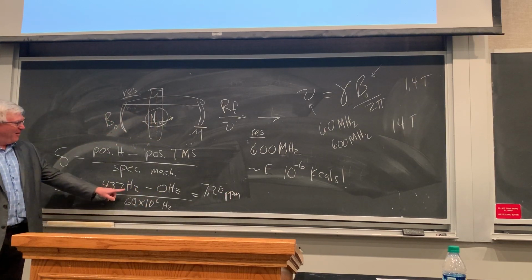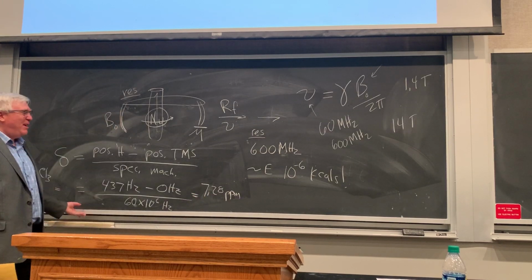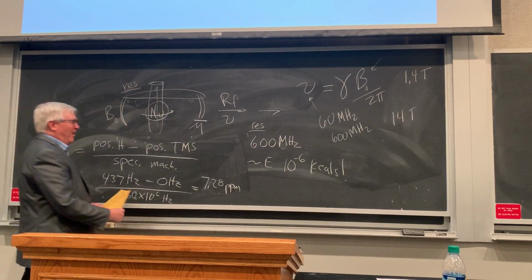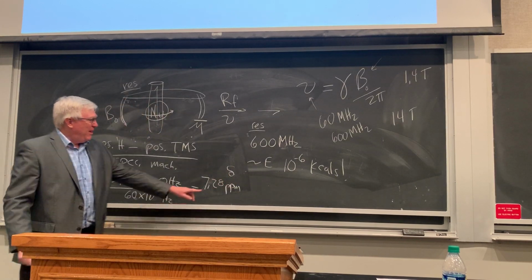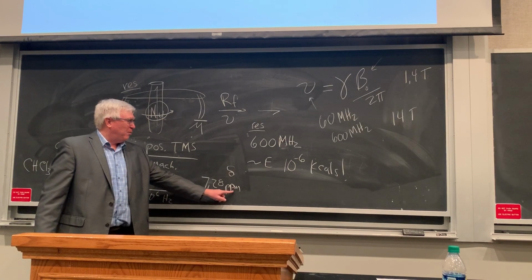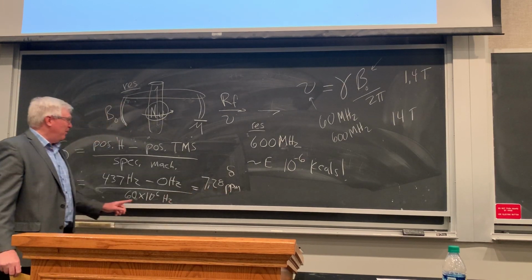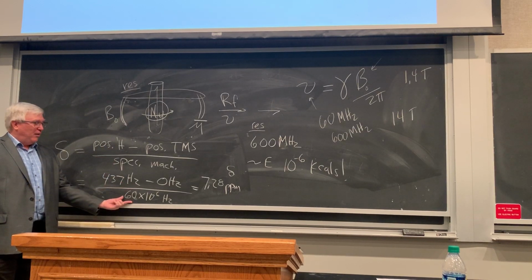So wait a minute, how do you go from hertz to ppm? What does ppm stand for? Well, that's another representation of the delta value, okay? And ppm, you know from other definitions, parts per million. Parts per million of what? Hertz values for the signal that we're observing, and then the hertz value for the instrument.